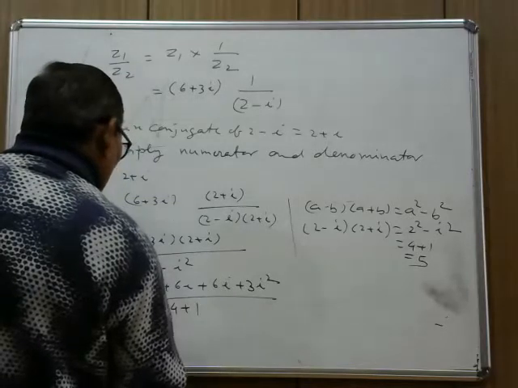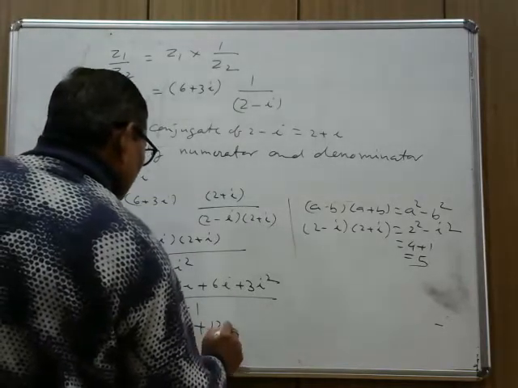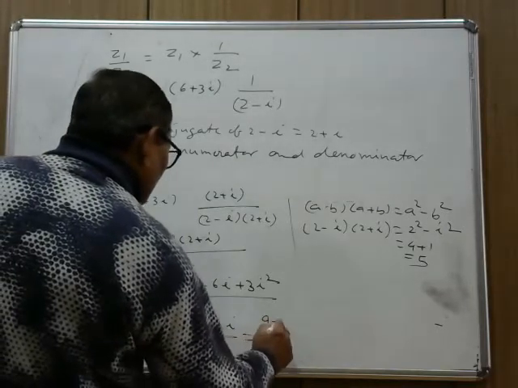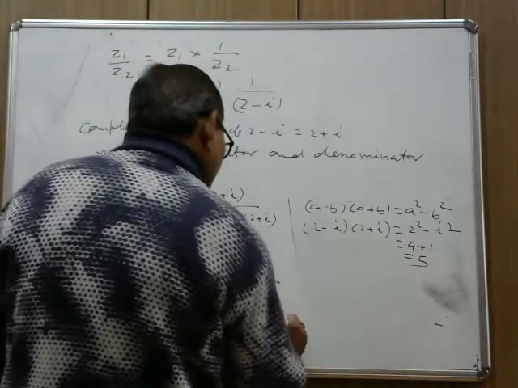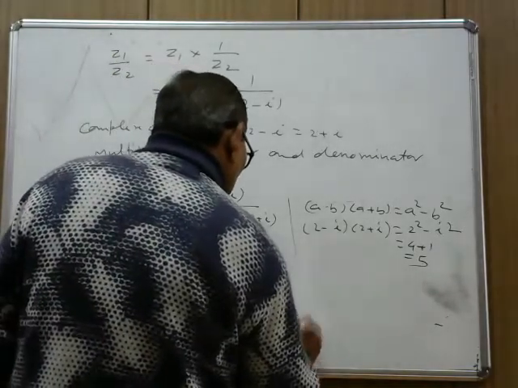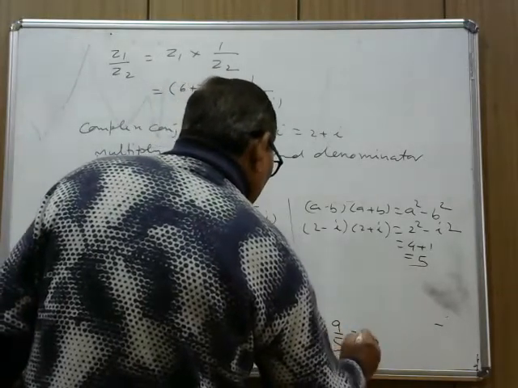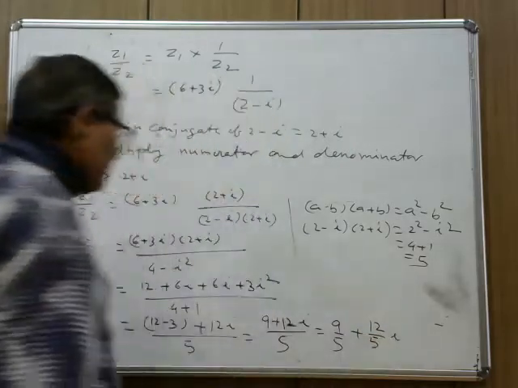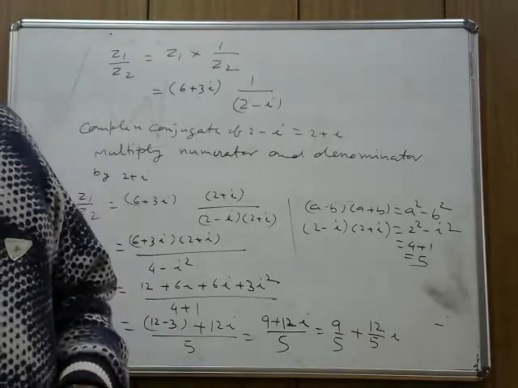So in this way you can write 12 minus 3 plus 12i upon 5, and this is equal to 9 plus 12i upon 5, and this is equal to 9 by 5 plus 12 upon 5 i. So in this way we divide one complex number by another.